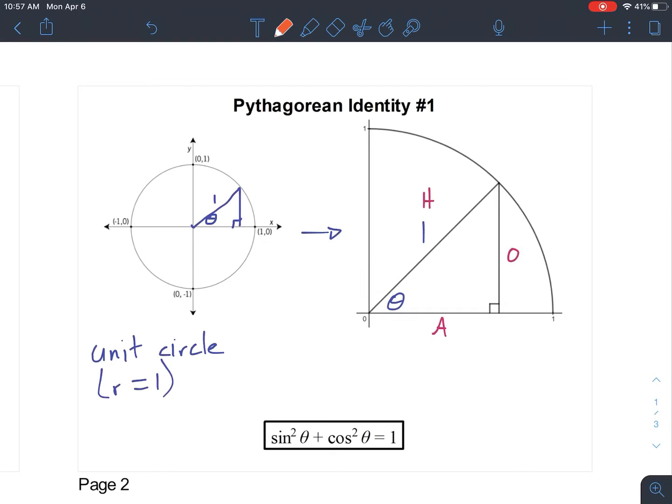So the first one is we know that sine of theta is equal to the opposite over the hypotenuse. We already know the hypotenuse is 1, so we're going to put that in. Well, over on the right side, it's just opposite divided by 1, which is just the opposite. So that tells us then that sine of theta is our opposite side.